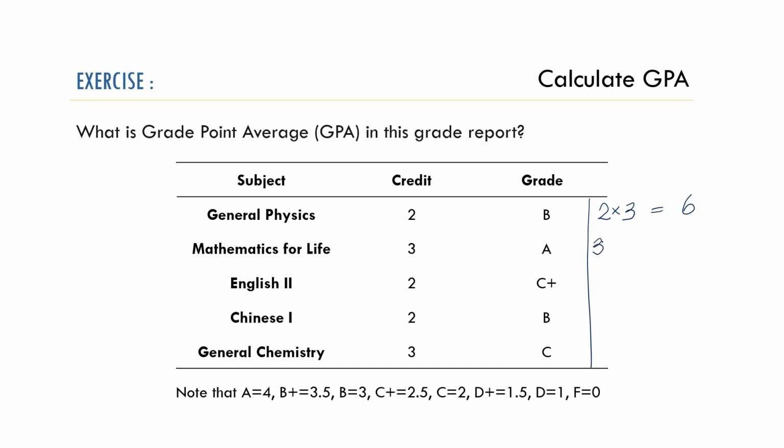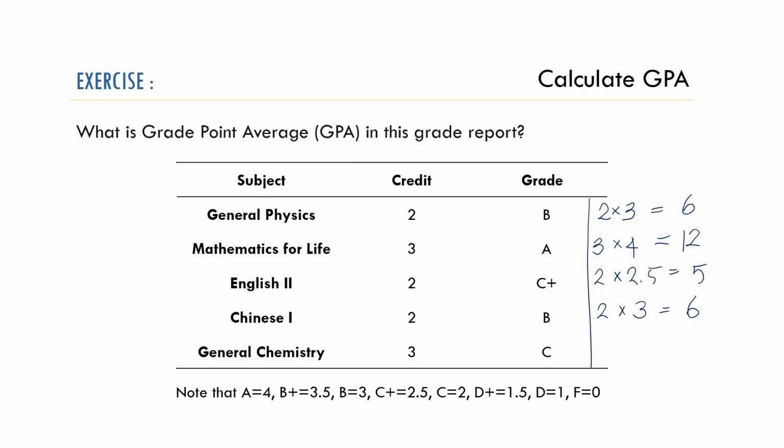Math, 3 credits multiplied by A, 4, equal to 12. English, 2 credits and C plus is 2.5, and get 5. Chinese, 2 credits multiplied by B, which is 3, equal to 6.